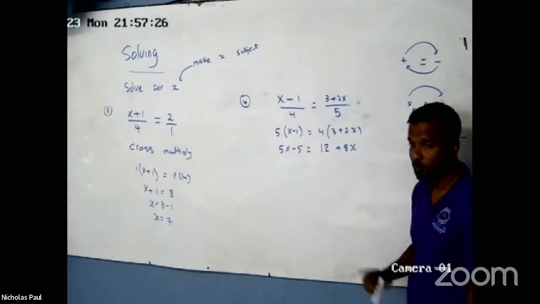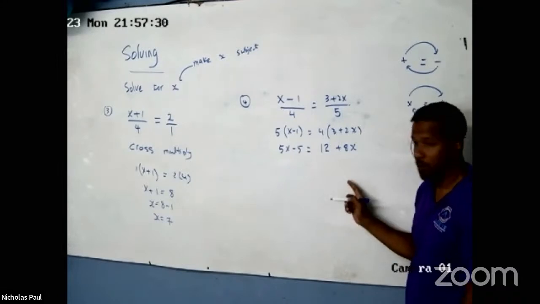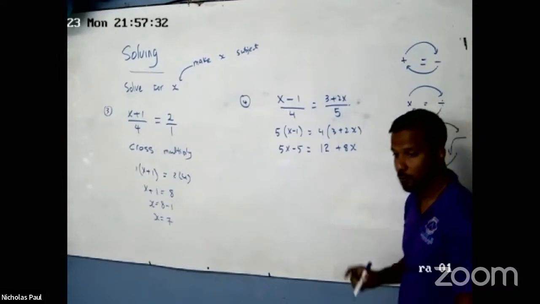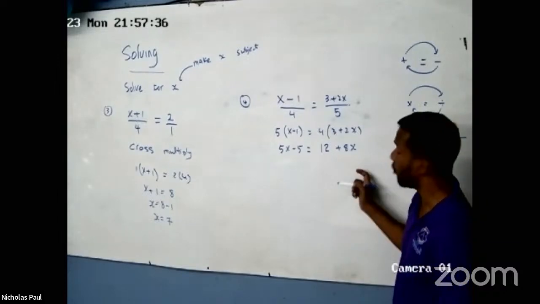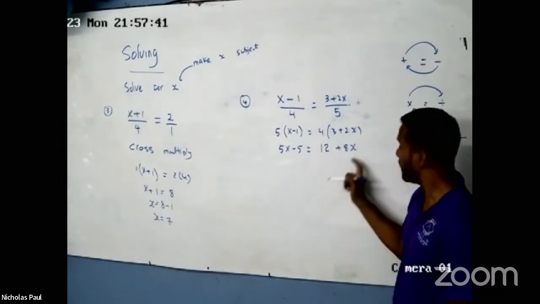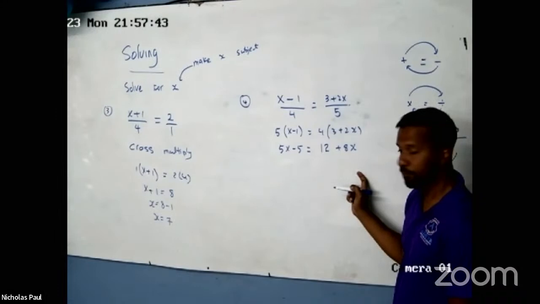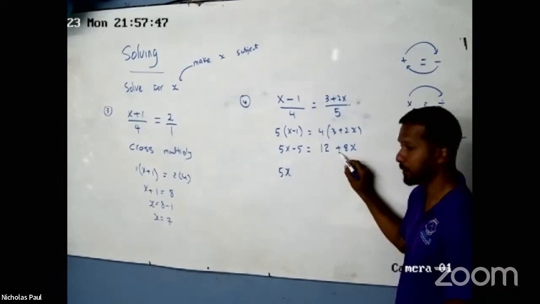Okay, what's the next thing? Bring like terms together. That's x equals 5 plus 12 minus 8. Right, so that's wrong, right? You have to multiply it out properly with the x here. Then bring the x's together. So you're leaving the 5x here, and this here is plus 8x.